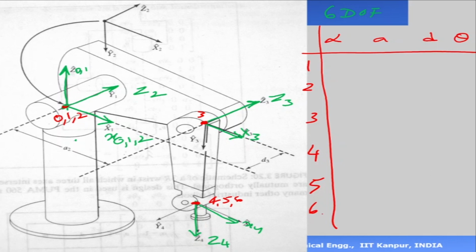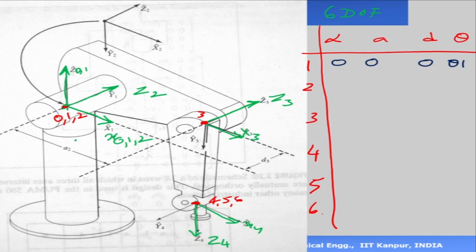The z's are the same axis, the origins are the same. So it will be 0, 0, 0, theta 1. That is very simple because it's the same axis. That means when axis 1 rotates, the angle between x0 and x1 will change, so it will come this side or that side, on that plane.